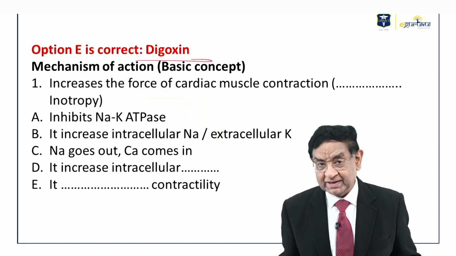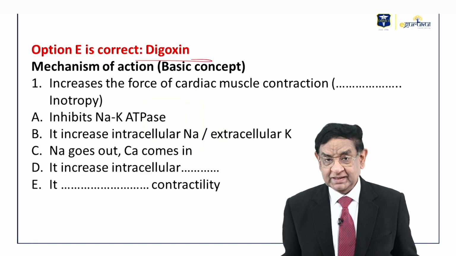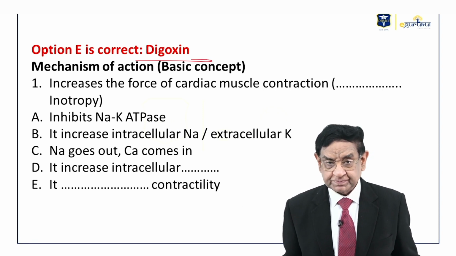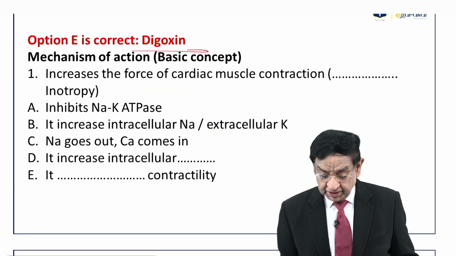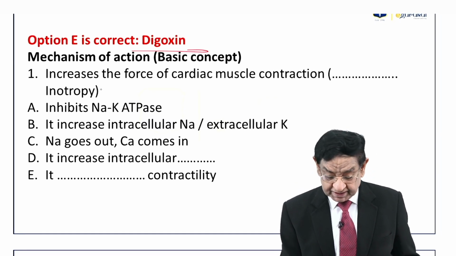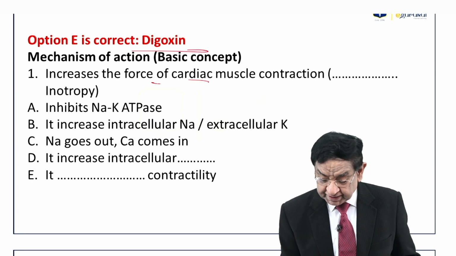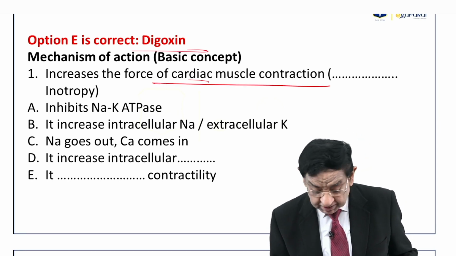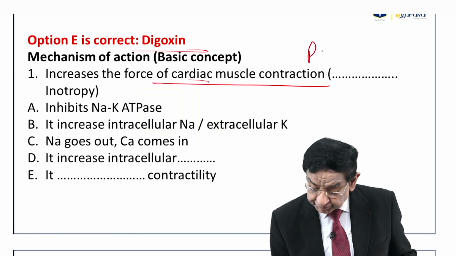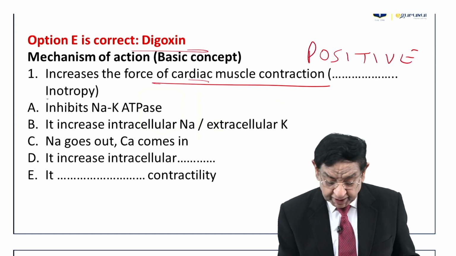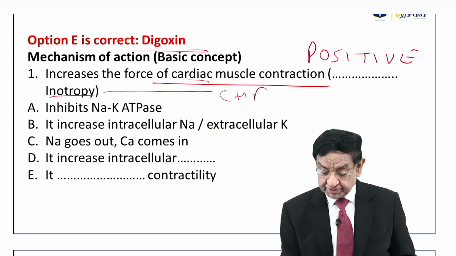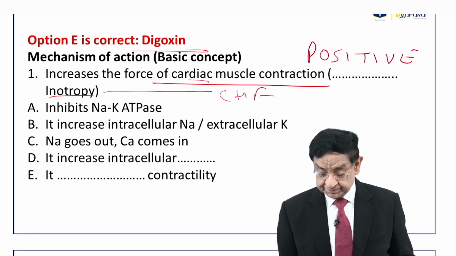And that we will never understand unless you know the basic concept about the mechanism of action of digoxin. Well, we are well aware that this increases the force of cardiac muscle contraction, the so-called positive inotropy, and that's why this drug is used in some cases of congestive heart failure.